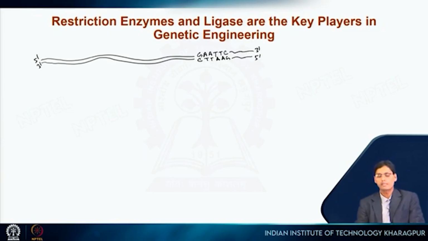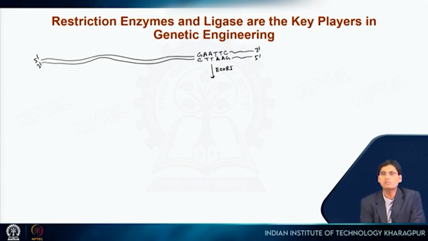Now if I treat this DNA with one enzyme called EcoRI, I already mentioned, and I am assuming that this EcoRI site is not present in the rest of the DNA, only in one portion here. So that you have to check during the cloning and genetic engineering experiment.